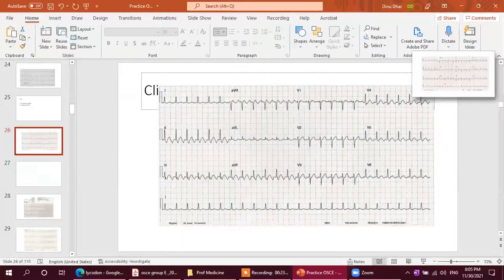What do you see in the inferior leads, 2, 3 and aVF?